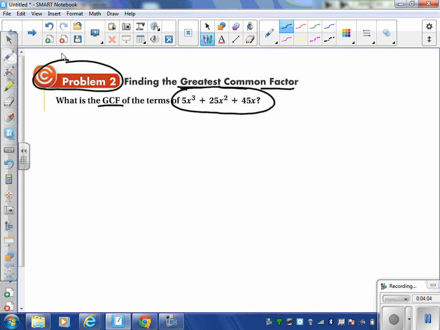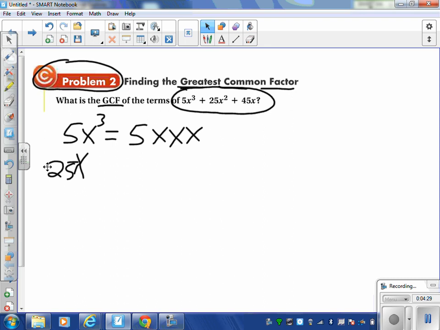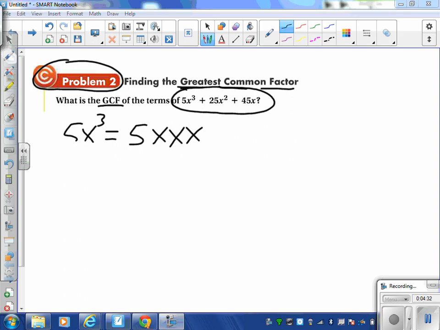Let's take a look at what they mean by 5x to the third power. That's actually 5 with 3 x's. If we take a look at 25x squared, we have 25 x squared.